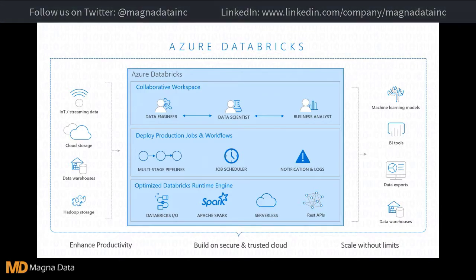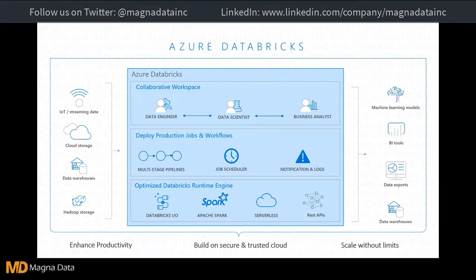So you can have multi-stage pipelines. You can deploy production jobs and workflows. You can have a job scheduler, notifications, and logs. It's optimized for I/O. It runs on Spark. You can call it serverless, and it exposes a REST API. As input, it supports IoT streaming data, cloud storage, data warehouses, or Hadoop storage.